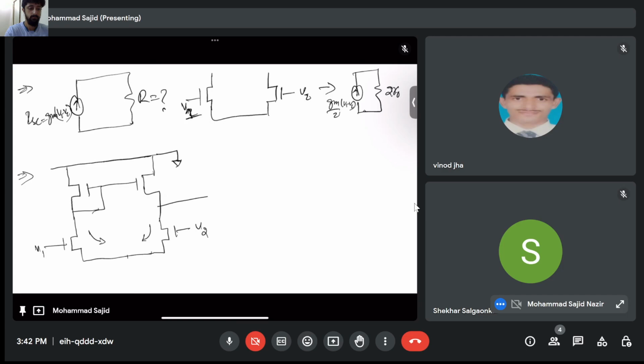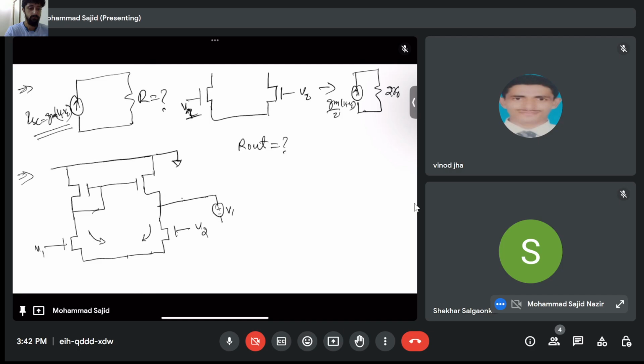Now your V output is, we have to check this branch because V output will be connected somewhere here. So what we need to calculate is R out, right? Because the short circuit current we calculated, that is Gm times V1 minus V2. Now what remains is R out, right? So what is the procedure?